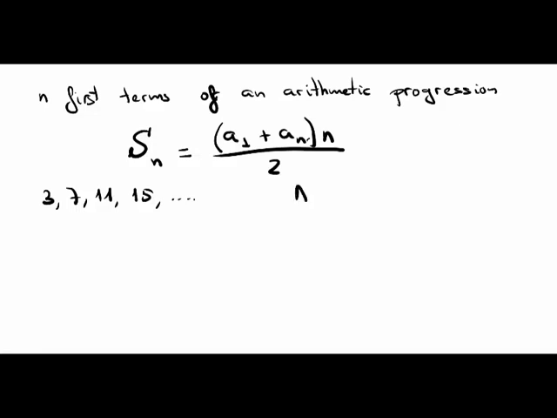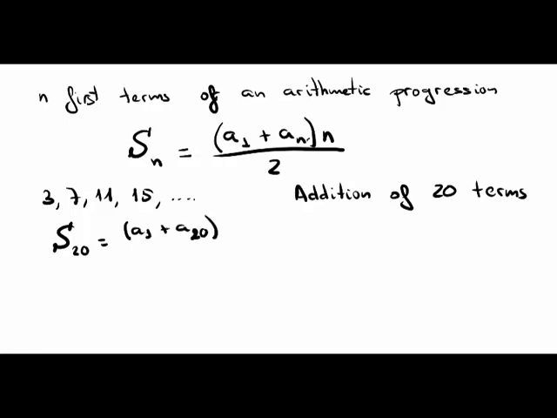So for example, if I have the sequence 3, 7, 11, 15, etc., and I want to calculate the addition of the first 20 terms, what I need is to calculate the addition of the 20 terms as the first term plus term number 20, multiplied by 20 and divided by 2.